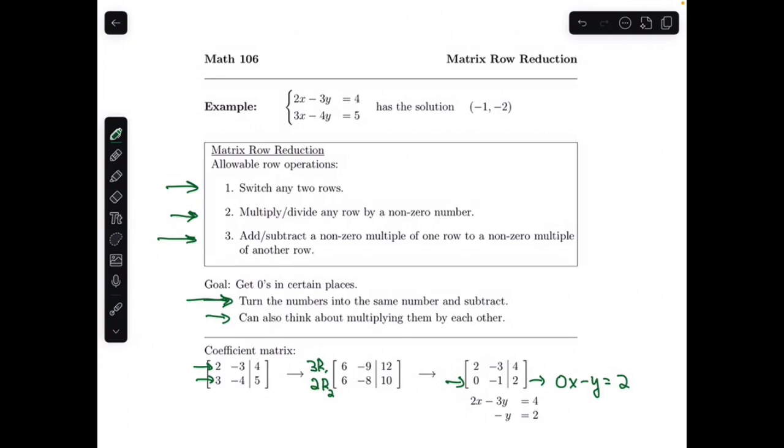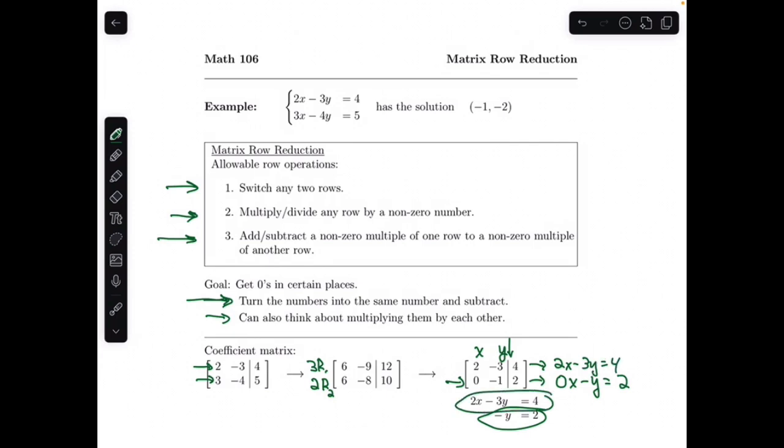Remember, this is the x column, this is the y column, and this vertical line here is the equal sign. So the second row turns into 0x minus y equals 2, which is this, negative y equals 2. And from that, you can solve for y. The top row becomes 2x minus 3y equals 4.